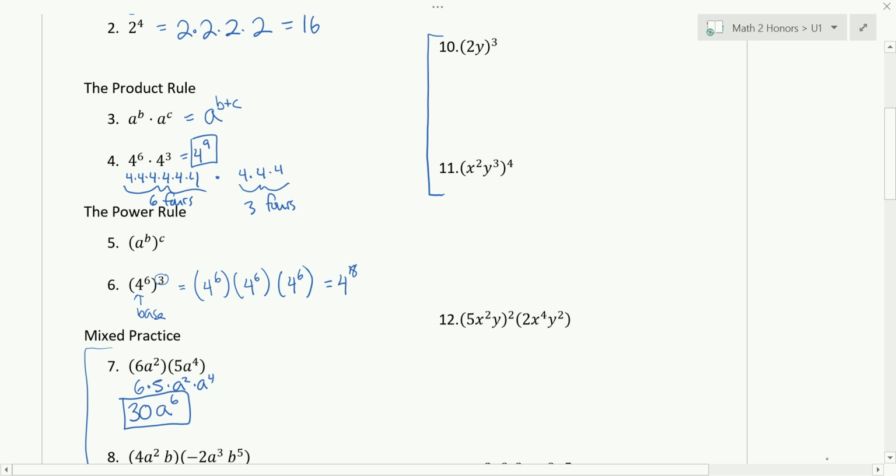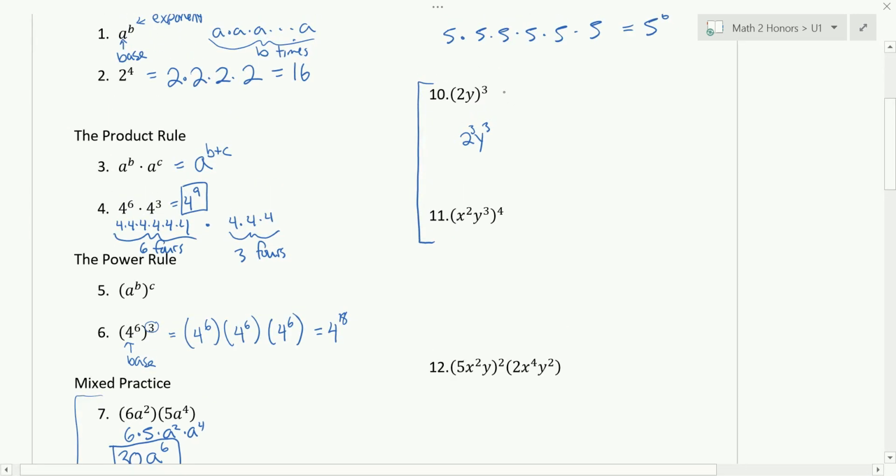Okay, so I saw this: 2y to the 3rd. You guys agree? No. Tempting, but no, right? It should be 2 to the 3rd power, y to the 3rd power.